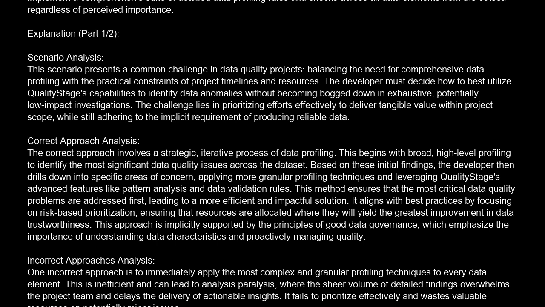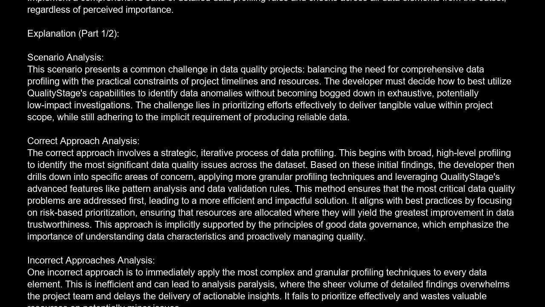The developer must decide how to best utilize QualityStage's capabilities to identify data anomalies without becoming bogged down in exhaustive, potentially low-impact investigations. The challenge lies in prioritizing efforts effectively to deliver tangible value within project scope, while still adhering to the implicit requirement of producing reliable data.